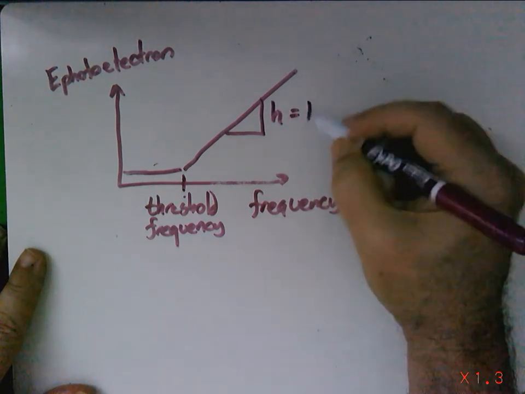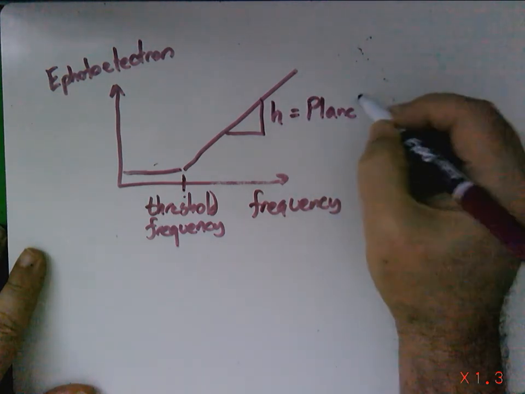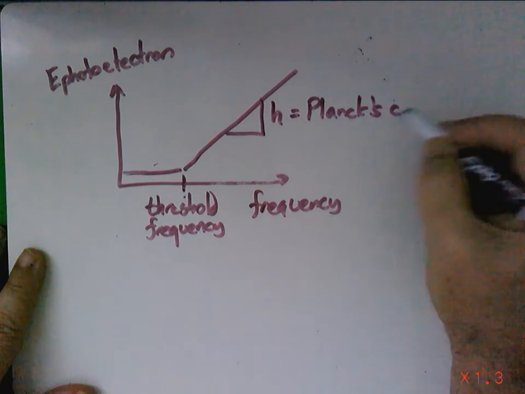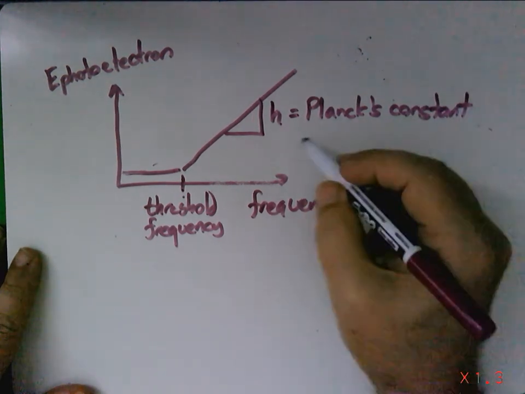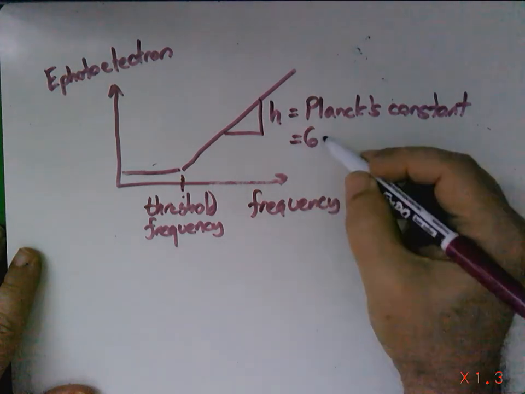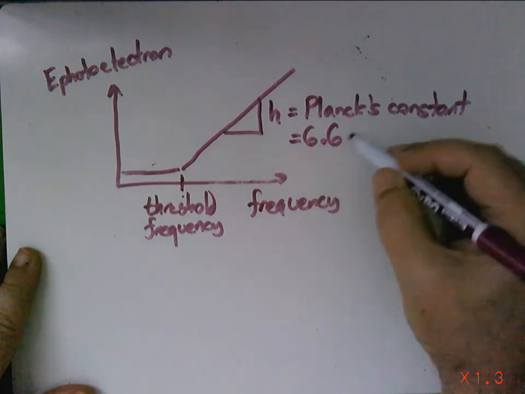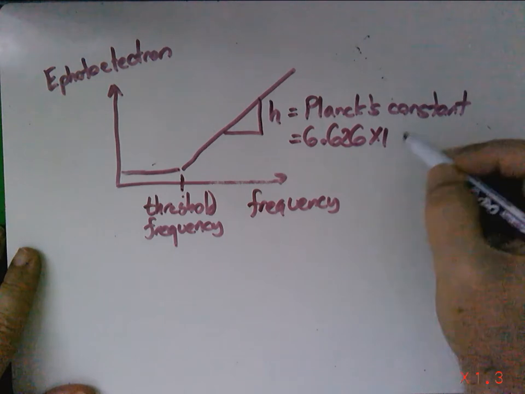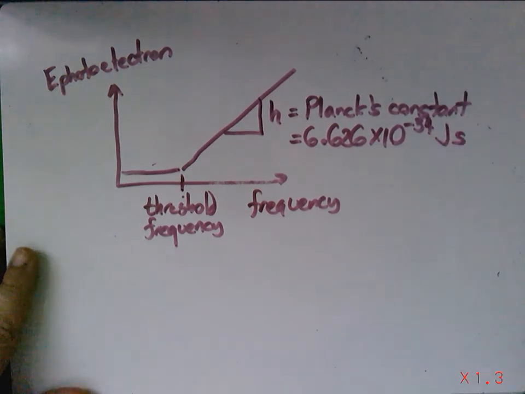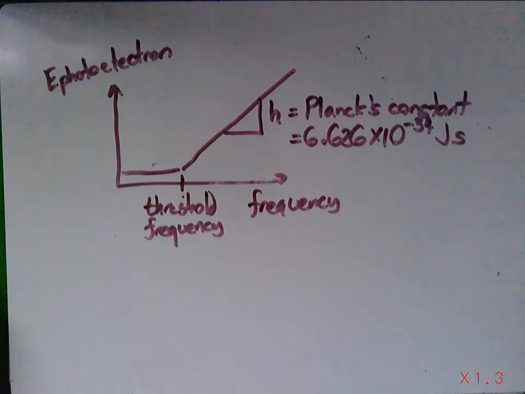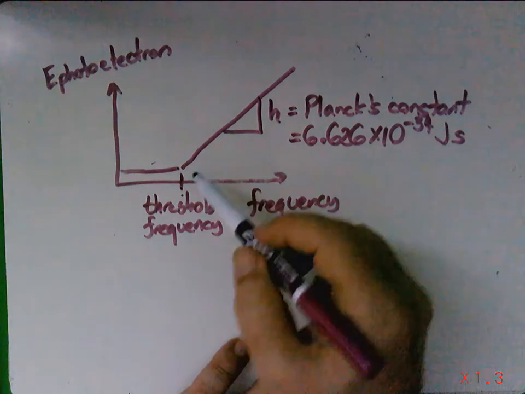It's Planck's constant. It happens to have a very small value. Okay. Now, so you can get it experimentally.